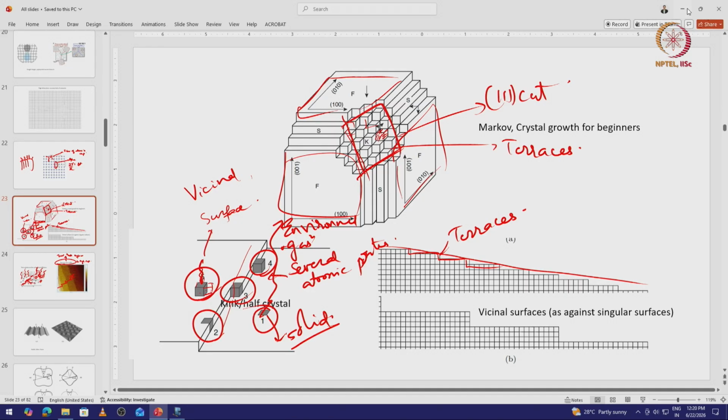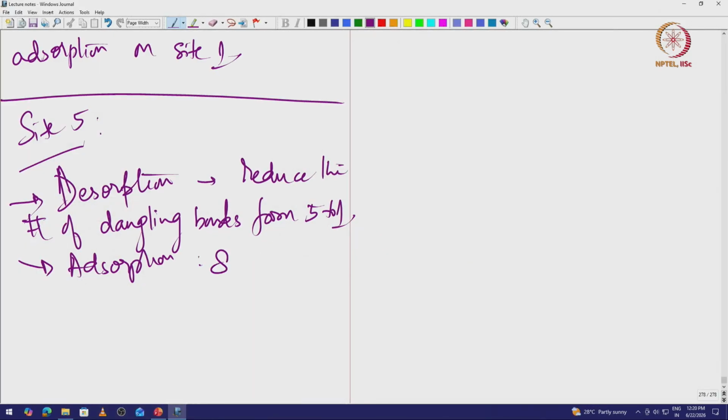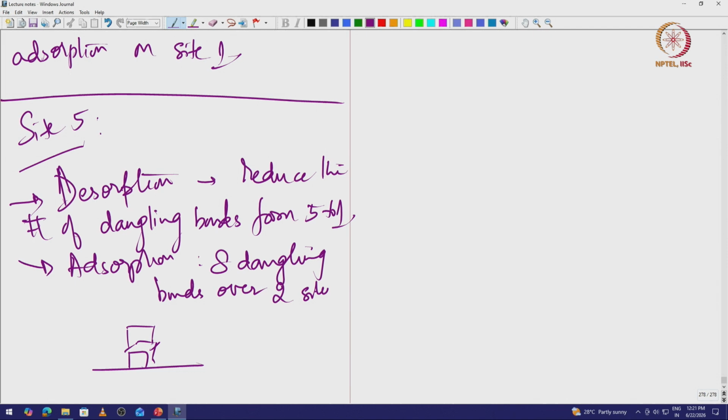So, let us again, to be sure, count it. I have 1, 2, 3, 4 sides, 1, 2 on that side, 3 on this side, 4 on this side, sorry, 9 dangling bonds over 2 sides. So, overall I have 4.5 dangling bonds per site.